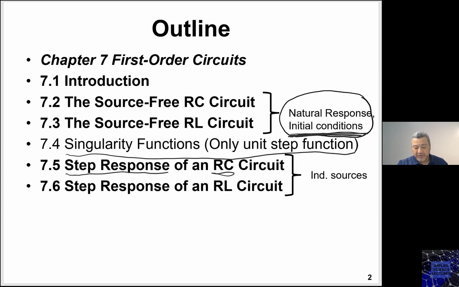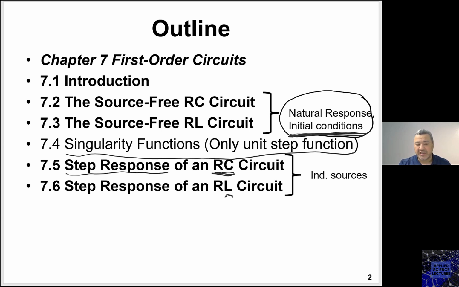And again, the definition of first order circuits is having a capacitor and resistors, or an inductor and resistors. I don't have a mix of inductor and capacitor in the same circuit. This is not a first order circuit. In the step response, we will be looking at the response that is going to exist when I have an energy source in my circuit.